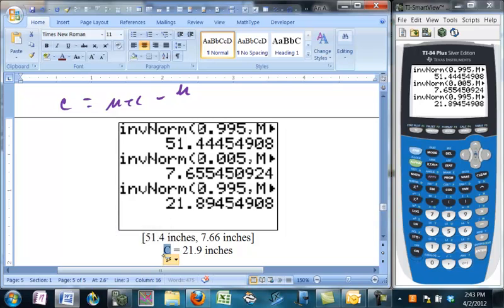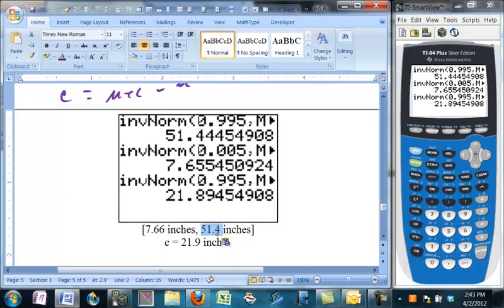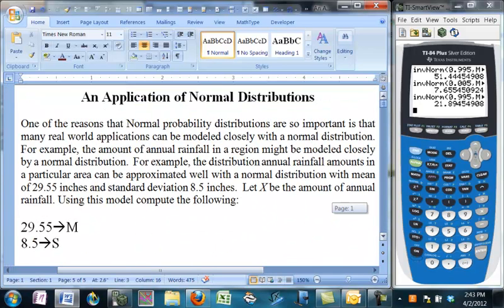So 7.66 is the mean minus 21.9 inches, and of course the bigger number has to go on the right. 51.4 is the mu plus 21.9 inches. Alright, that gives you some examples of working with normal distributions.